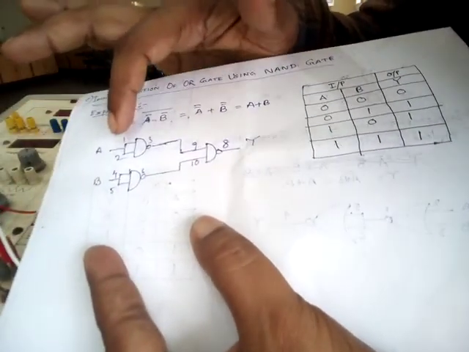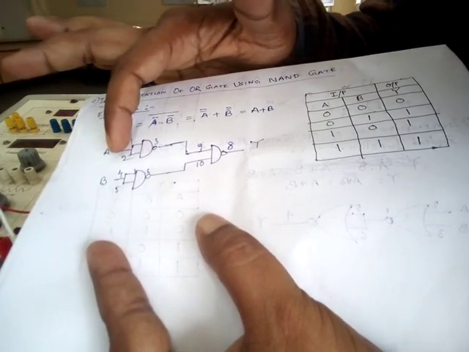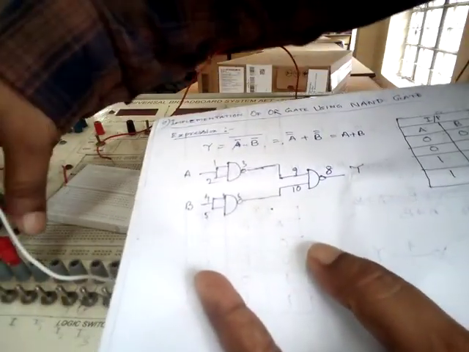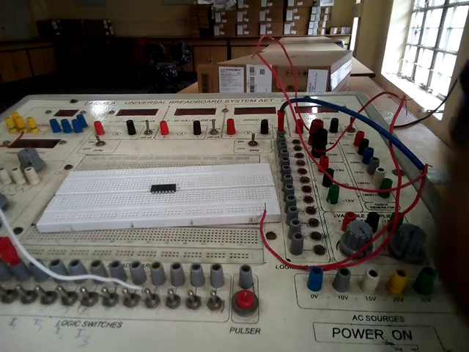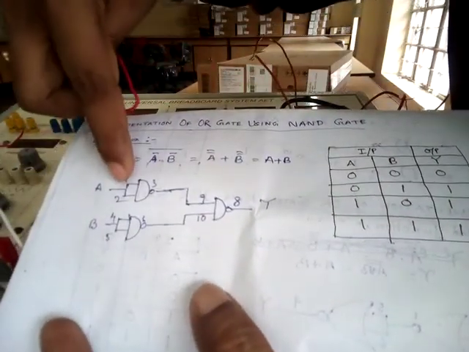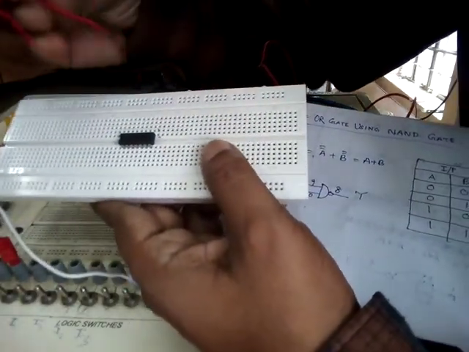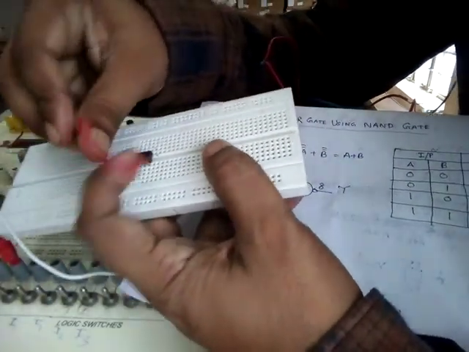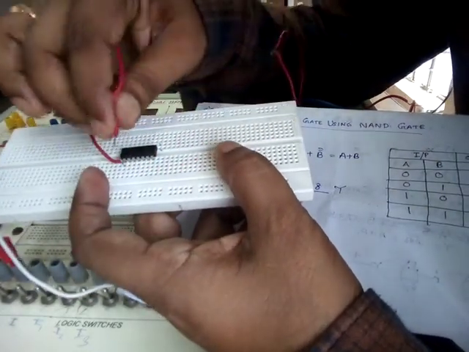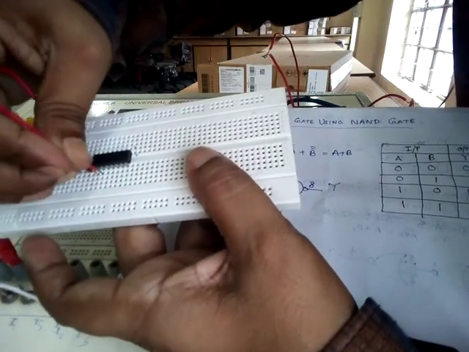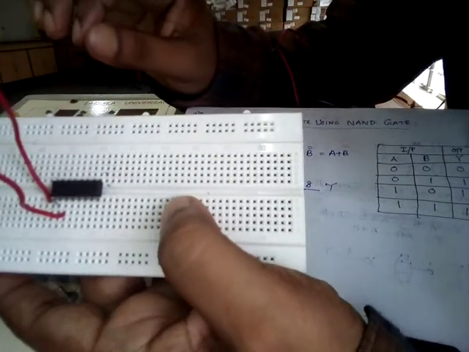Pin number 1 and 2 are shorted, and we give an input from pin number 1 or 2. Pin number 1 and 2 are shorted.